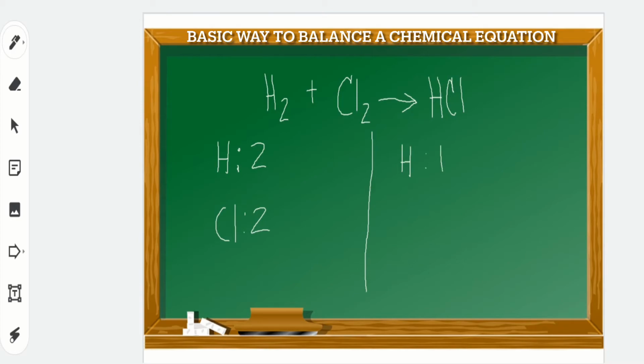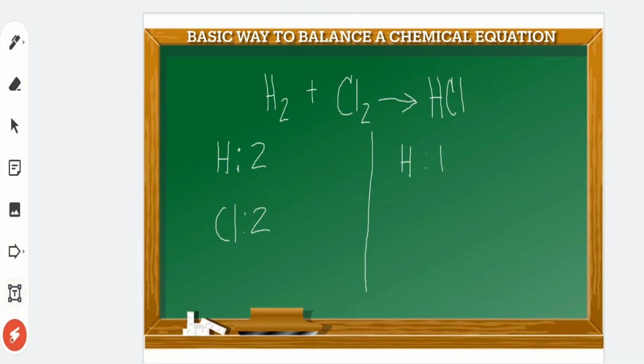Even though there is no subscript written in our molecule of HCl, a 1 is understood there, but we don't need to write it.